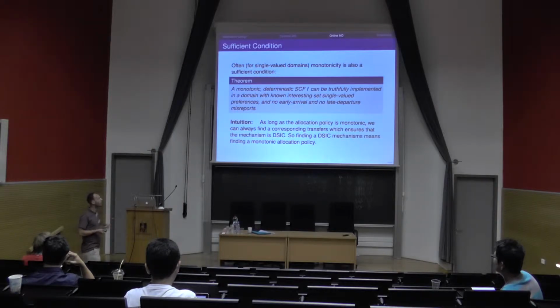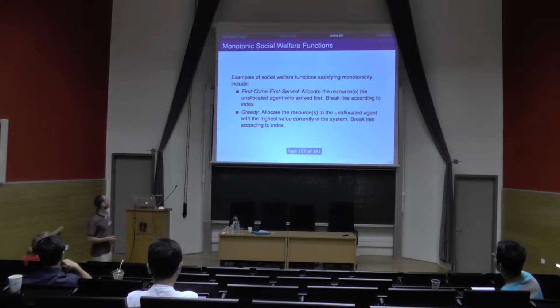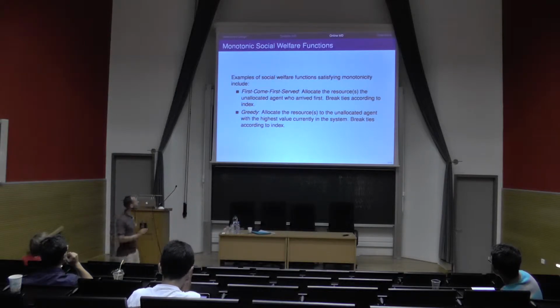We just have to look at an allocation policy, but we have to look at this monotonicity. Okay. And then I'll give you two examples which satisfy monotonicity, and we'll look at those in more detail. So these are first come, first served.